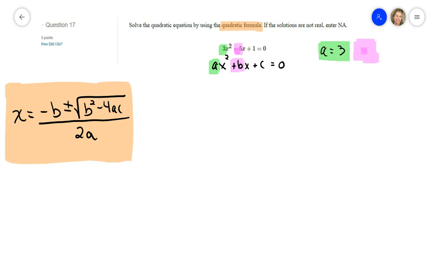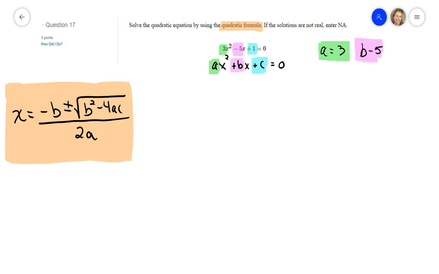Hang on. There we go. So b is a negative 5. And then for the c, it's the constant. This is a plus 1.